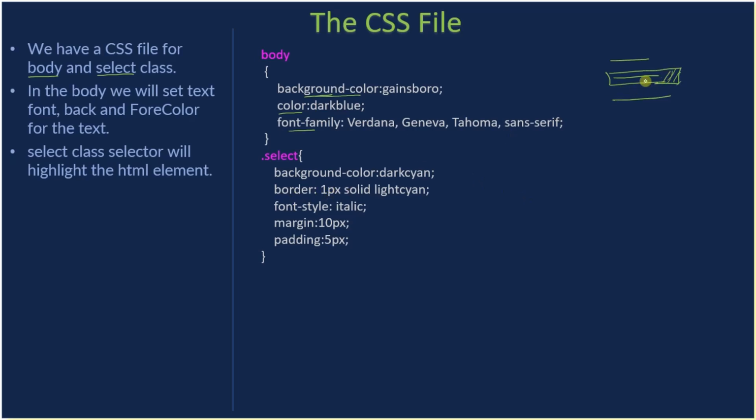Background color will be applied for the HTML element. Next we apply the border. So this is the border right around the element. That's just a 1 pixel solid border with a light cyan color. Then we want to apply italic font for the select attribute. After that, we are giving a margin and padding.